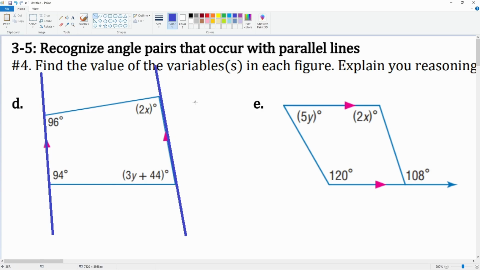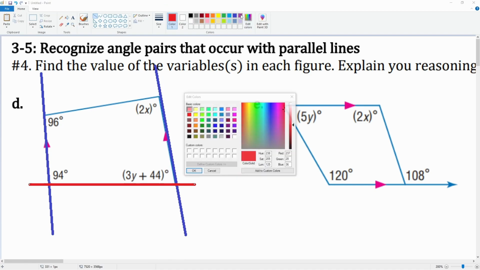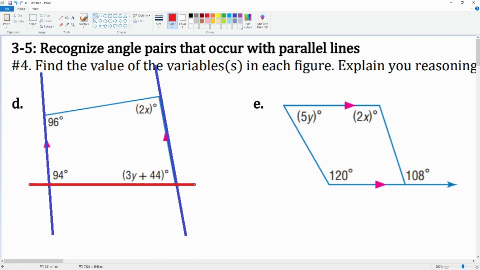All right, because they're parallel, something interesting can happen. So I'm going to mark this with the transversal. That is your transversal. All right, so let's see if we can figure out some values here.